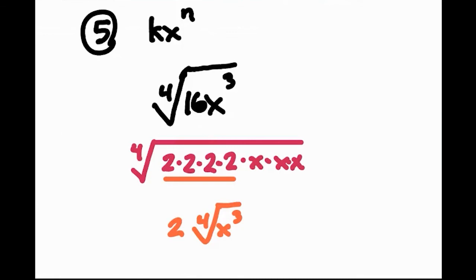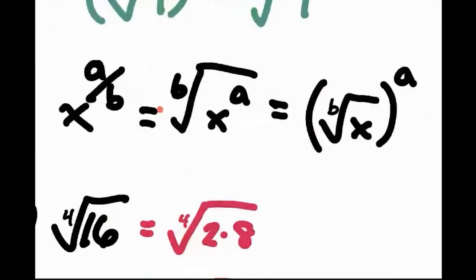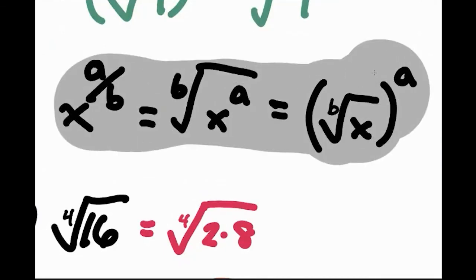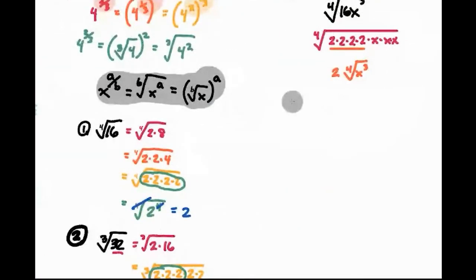But we need to make that fourth root of x to the third just have a power. So we need that rule that we went over right here to be able to solve for that. Let me highlight this. The way to look at this is whatever the a is, in this case the a is 3, this is going to be equal to 2 times x.